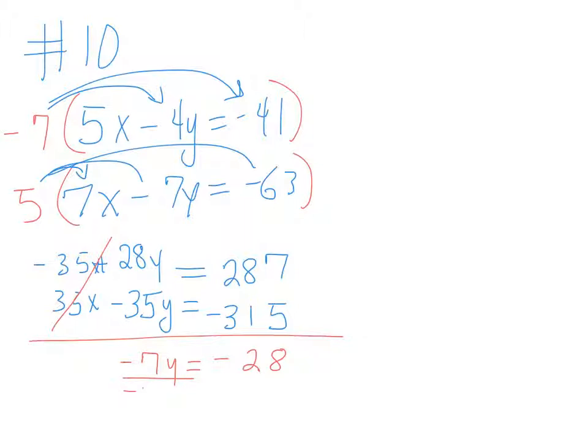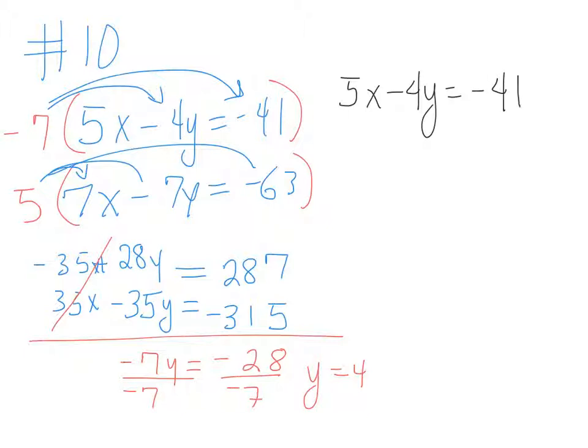Then you just divide by negative 7. So here, y equals 4, but then I have to find x. You can find x by using one of the equations, it doesn't really matter which equation you want to use, and substitute y for 4. So the y is 4.